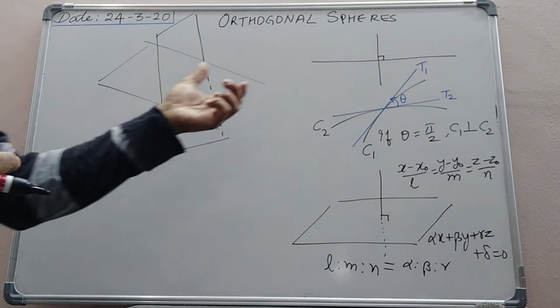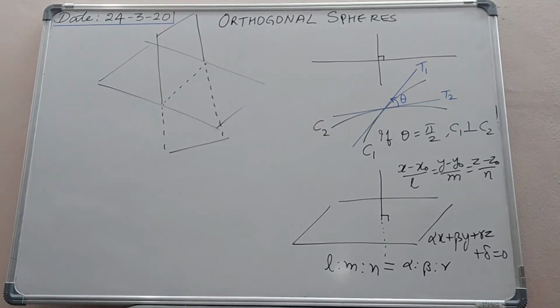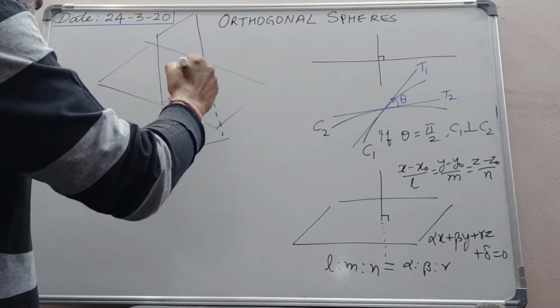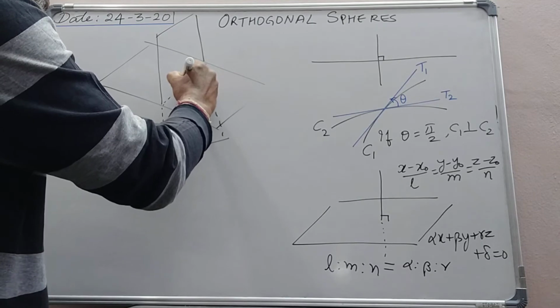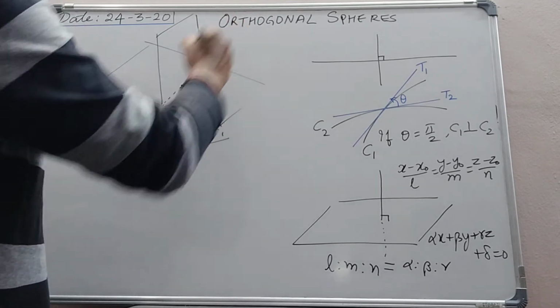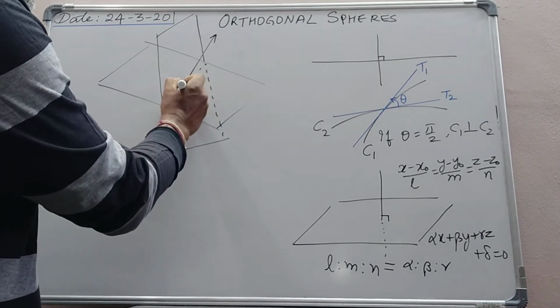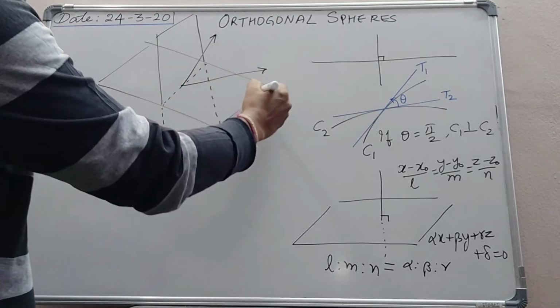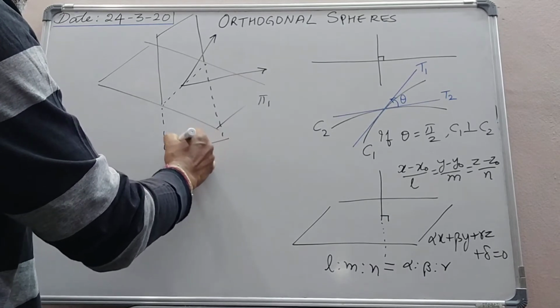So we go ahead with an idea of this kind, and what we do is look at the angle between the normals to these two planes. So suppose this is the normal to this plane, and this is the normal to this plane. Let me say that this plane is pi 1 and this plane is pi 2.